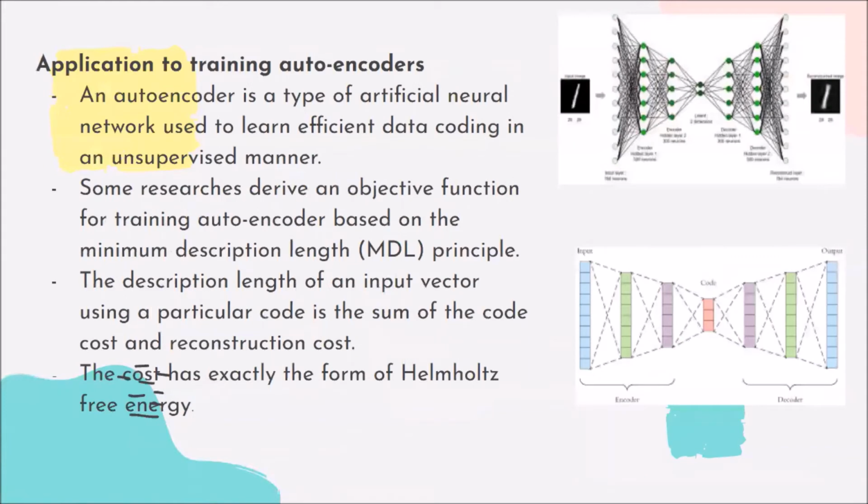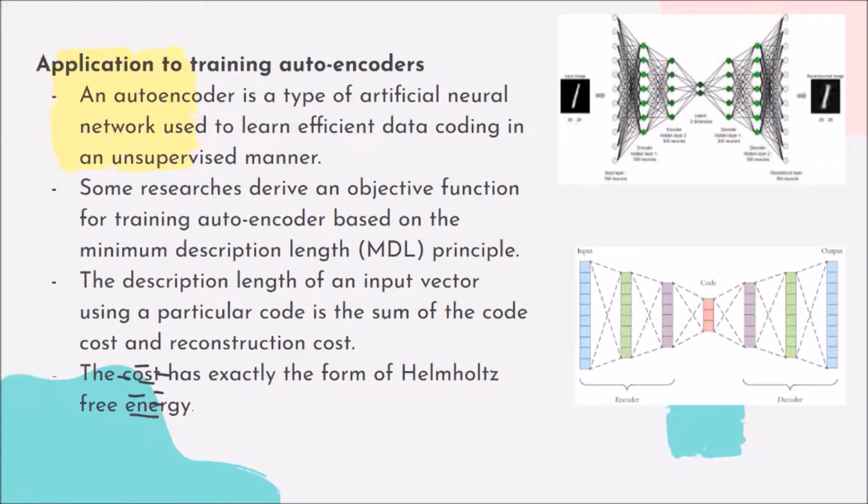Next, we move to the application to training autoencoders. An autoencoder is a type of artificial neural network used to learn efficient data coding in an unsupervised manner. The aim of an autoencoder is to learn a representation for a set of data, typically for dimensionality reduction, by training the network to ignore signal noise.